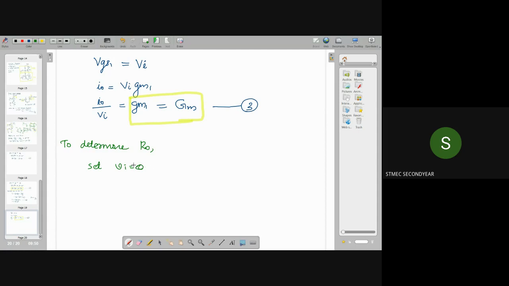So we are making the input voltage equal to 0 and connecting a known voltage Vx, called the test voltage, at the output terminal.